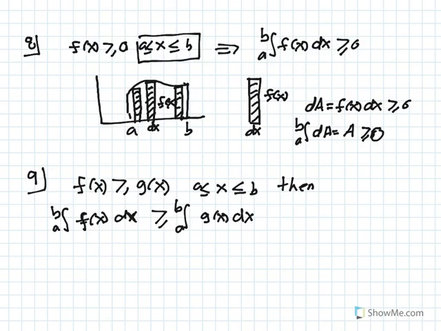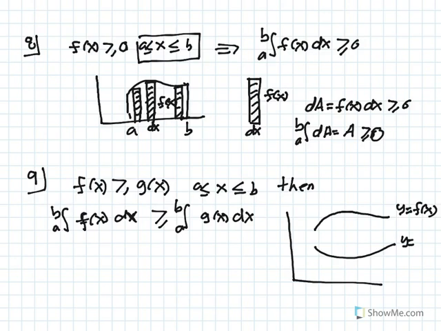Let's illustrate this with a diagram. So here we have y is equal to f of x. That's the top function. We have the bottom function, y equals g of x. And the interval is from a to b. Those are the x values, the endpoints. That's the x-axis. Y-axis, this is the origin.